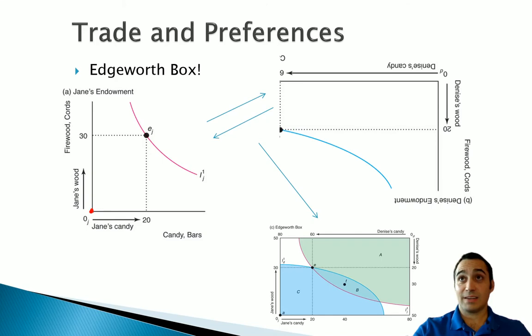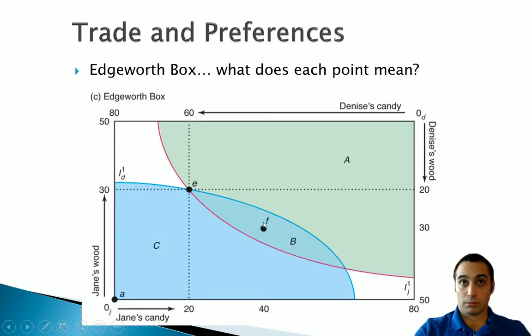We're just going to take Denise's and make it such that moving to the right in Jane's land increases her candy, but decreases Denise's. And moving up increases Jane's quantity of wood, but decreases Denise's. If you do this, you can combine them to make what is called an Edgeworth box.